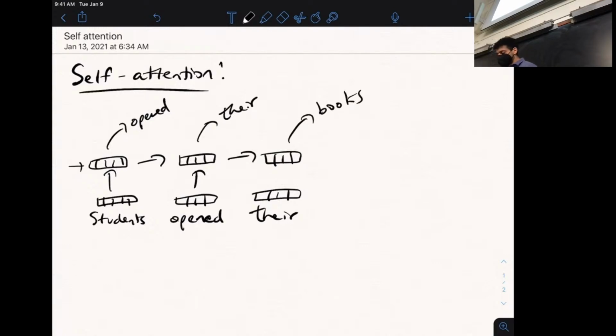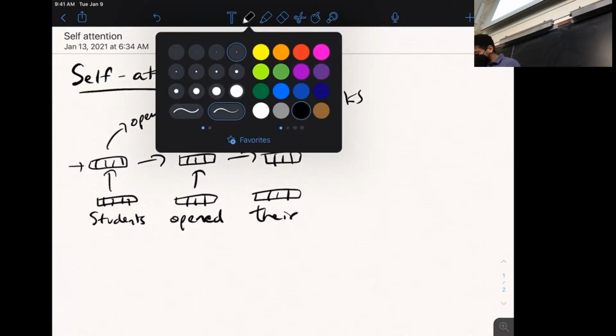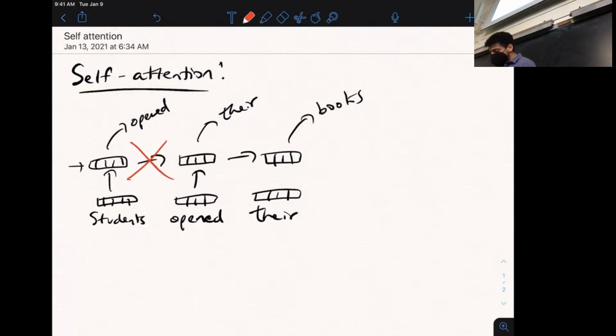I guess in the actual example it was exams, but we're going to go with books. So one thing that makes us slow during training, as I've said many times now, is that these connections make me compute all of these things in sequence, right?